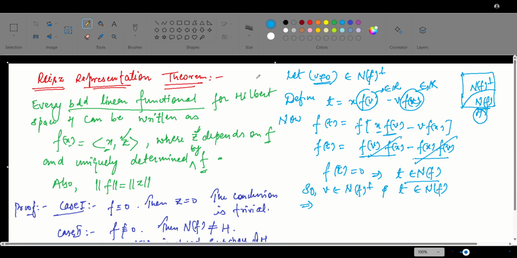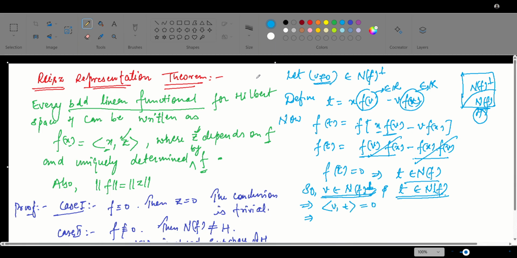The inner product: an element that belongs to the complement of the null space and an element that belongs to the null space of f, and these both are perpendicular, right? Perpendicular complement. So we can say that both are perpendicular to each other. So the inner product of v comma t is nothing but equal to 0.